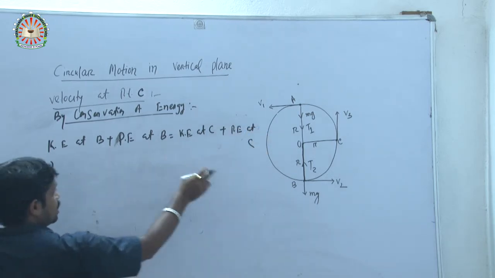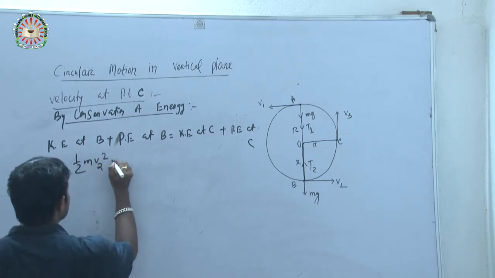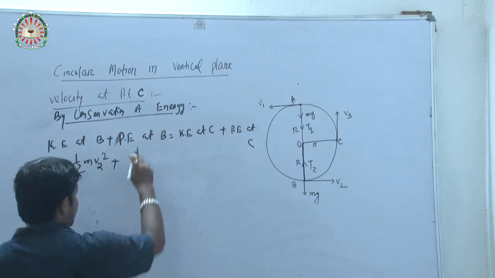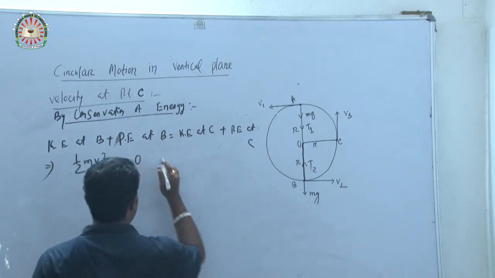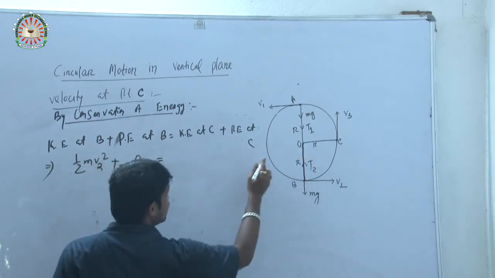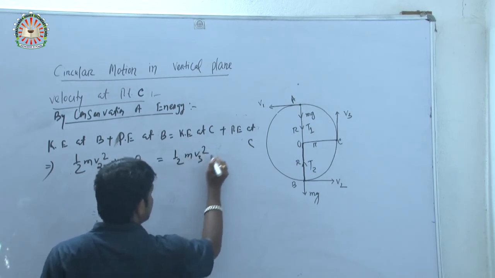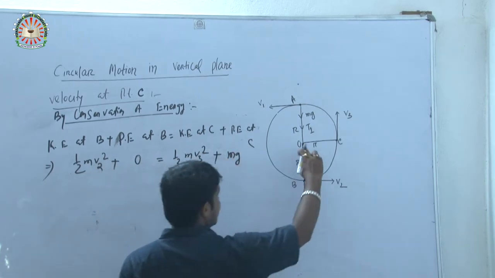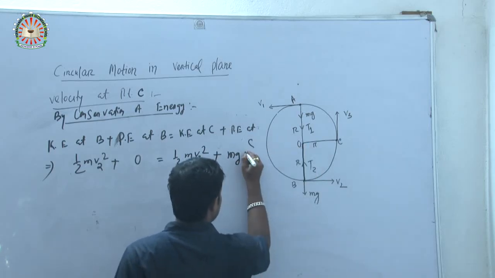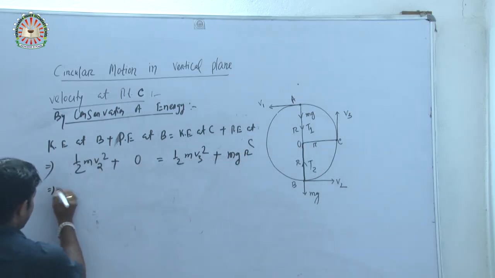So the kinetic energy at point B is your half m v2 square. Okay, what is the potential energy at B? Simply 0. I have just told you, because this is my reference point. That is equal to the kinetic energy at C. Now half m v3 square plus what is the potential energy? Now mgh, where the vertical distance is r. So mgr simply.